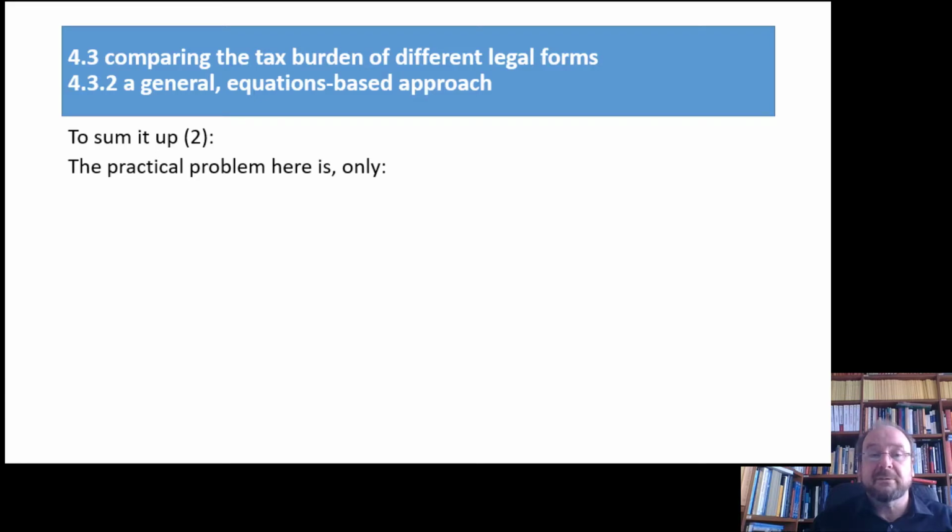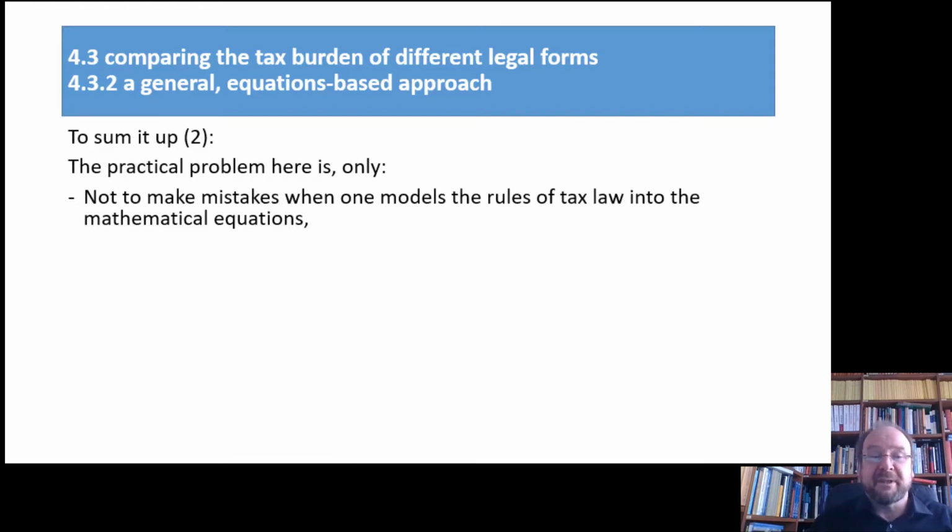You could also try to apply that to things which you know from time to time in a bachelor thesis or else. The practical problem with such an approach is only after you understood the basic tricks, not to make mistakes when you set up the equations or the terms, trade tax base is blah.